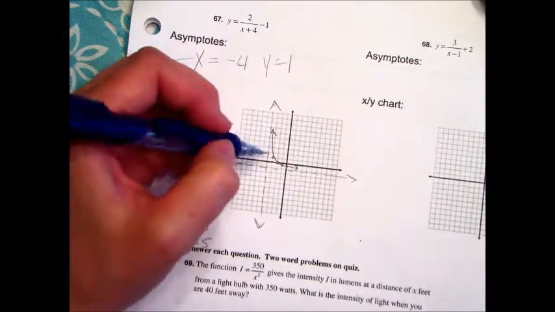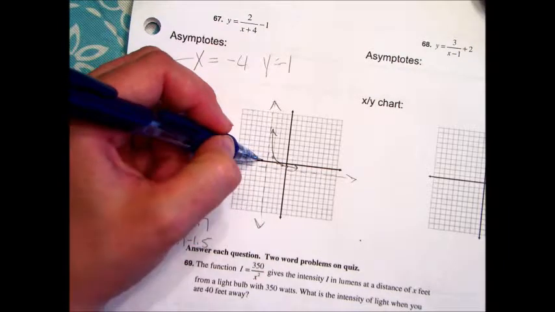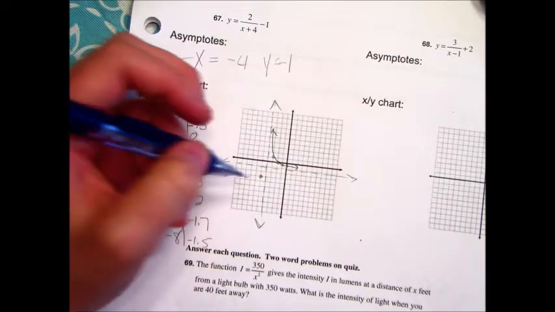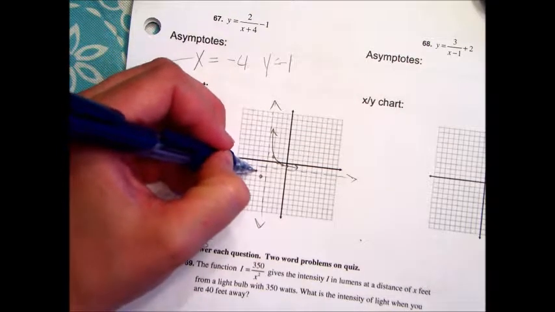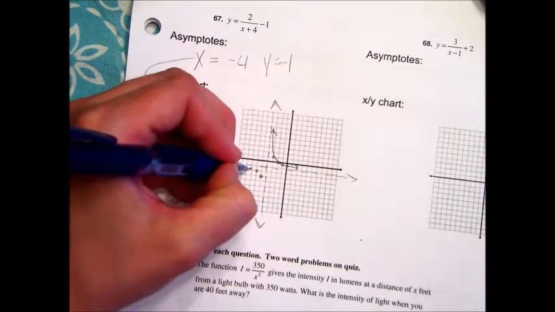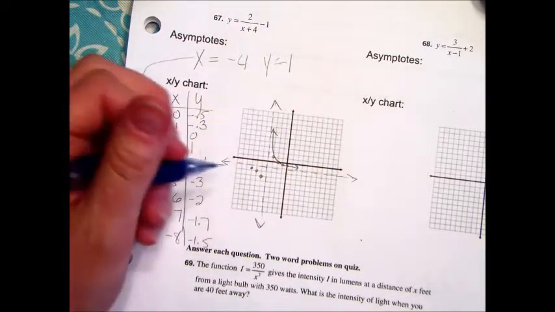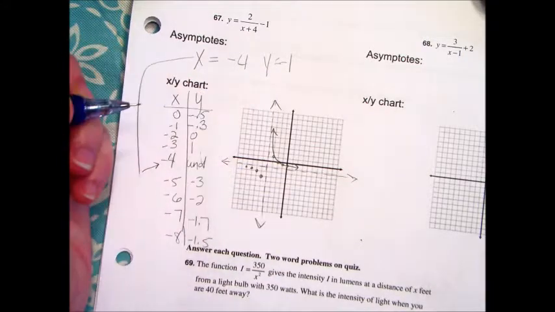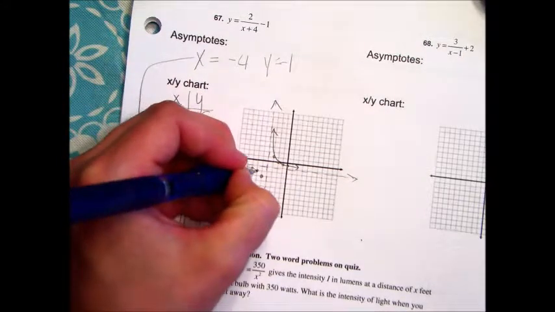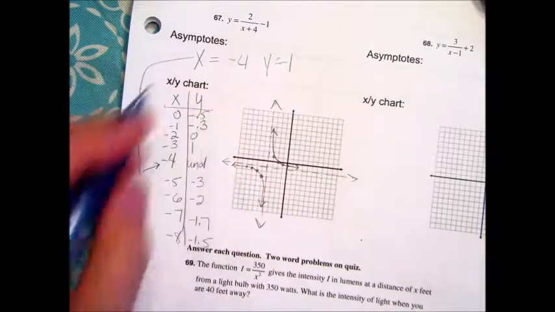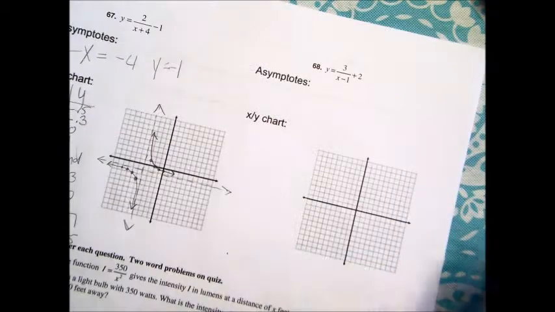So -5, 1, 2, 3, 4, 5, -3, -6, -2. -7, -1.7. Okay, I see a shape starting to happen. -8, -1.5. All right, that's good enough. I see a shape. Remember, it will approach the asymptote but never touch it.